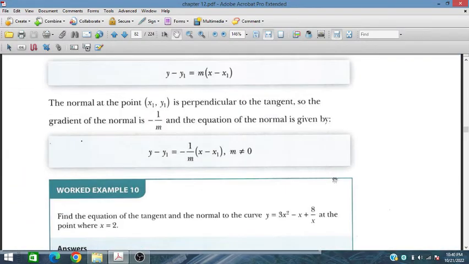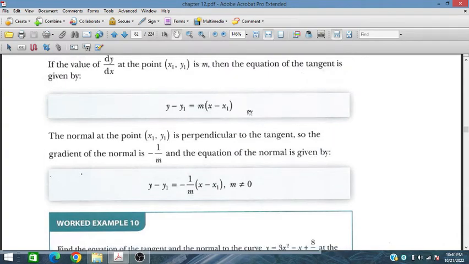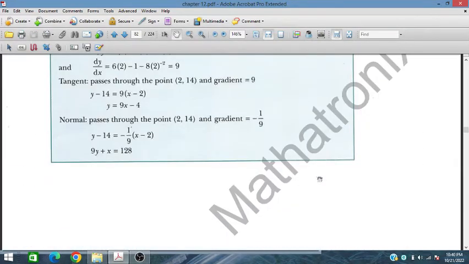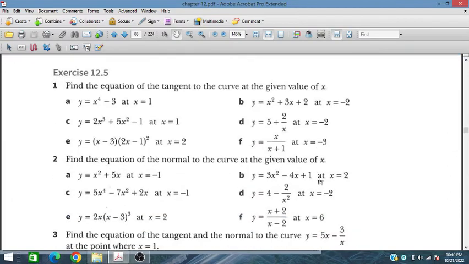In this section we will cover the equation of the tangent, and this is the equation of the normal, which is perpendicular to this tangent. So we have this exercise 12.5.